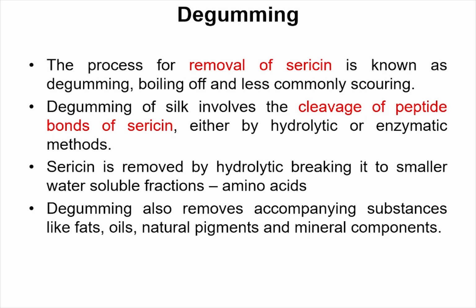Degumming also removes the other substances attached with the silk. Normally fat, oils, natural pigments and other mineral compounds are removed in the scouring process, that means degumming of silk.